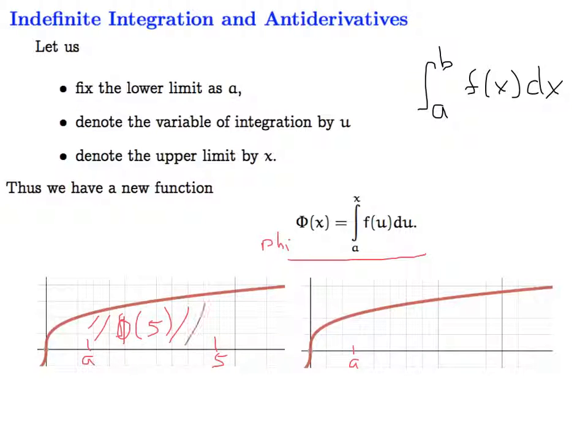Whereas if I picked a number, say, 7, phi of 7 represents this bigger area, this bigger change. So this still really is a function. It still depends on what value you put in for x, and that x just tells you how far to integrate. It tells you where to stop your integration.